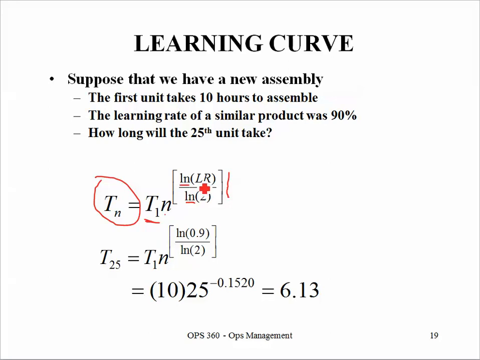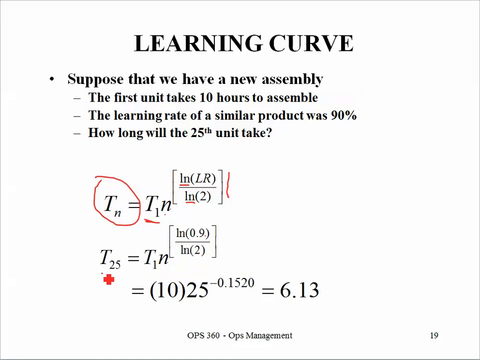So the natural log of the learning rate, in our example that's 0.9, divided by the natural log of 2, that will determine the exponent that you raise n to that power, multiply that times the time to make the first unit, and that will give you the time to make the nth unit. So again, in our example, the learning rate is 0.9. It's a log of 0.9 divided by a log of 2.